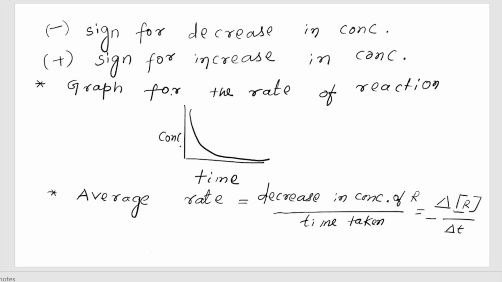If you observe this side, the concentration of R is full at time T0, if the origin is 0, and when the time increases the concentration of product increases, while the concentration of R decreases.